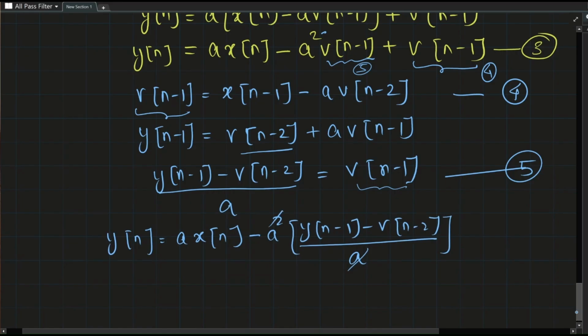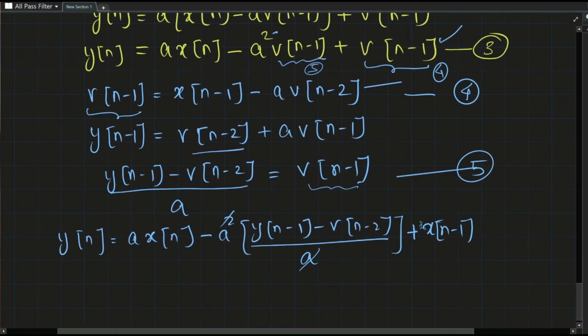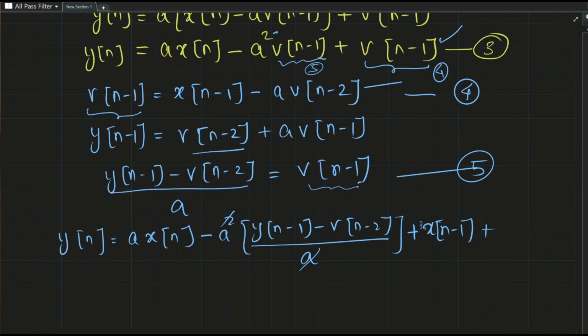Here a and a get cancelled out, and now I have this term Vn minus 1, and this gets replaced by this particular expression, which is xn minus 1, sorry, minus a Vn minus 2.